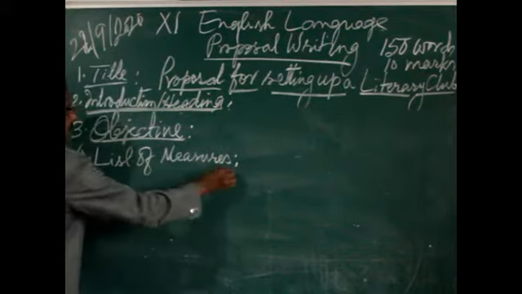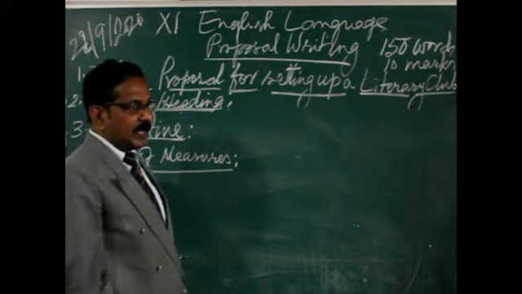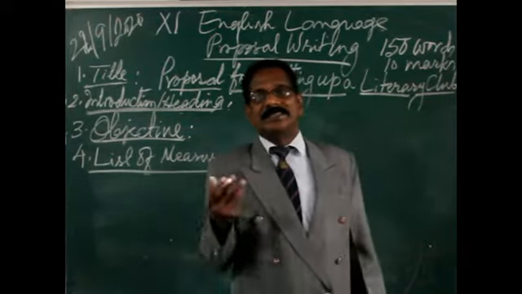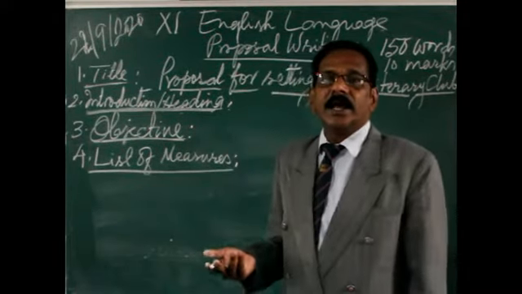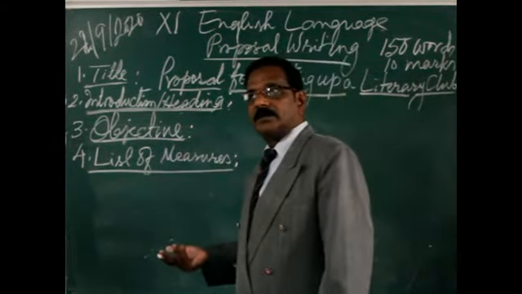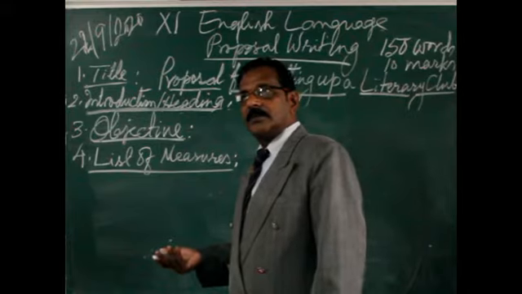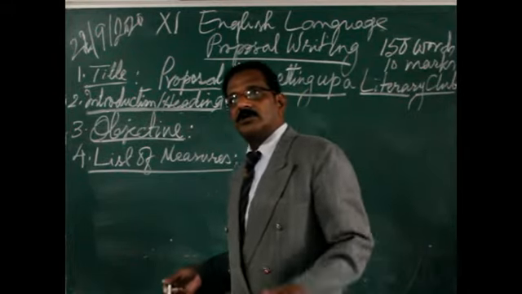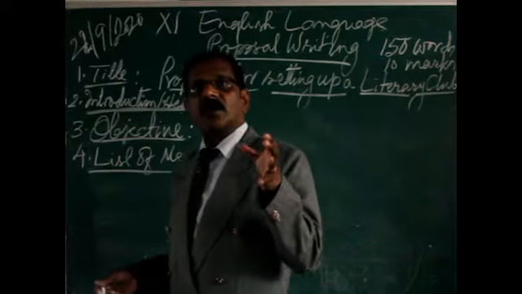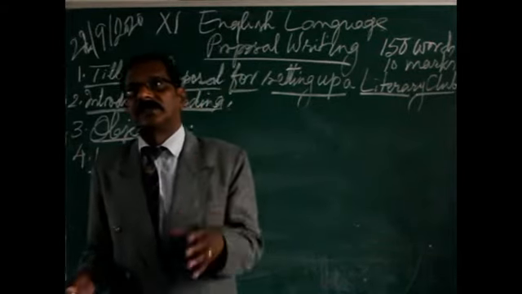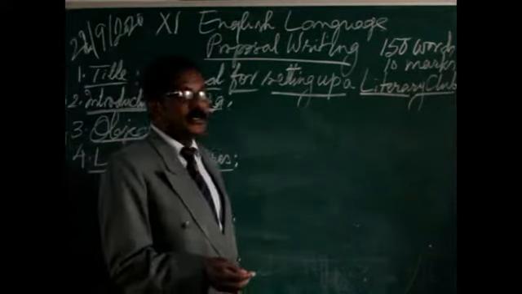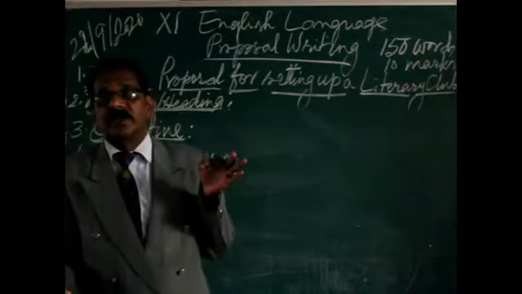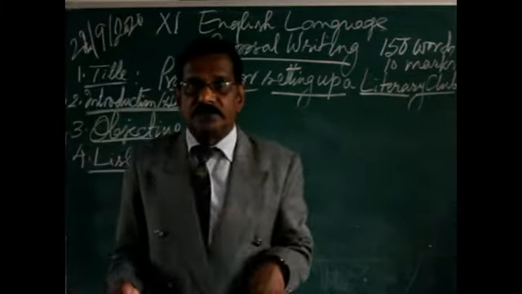We have stated the objectives and we shall list out the steps that we shall put into effect in order to achieve our goal, our target. And it should contain a minimum of, I told you, 4 points.